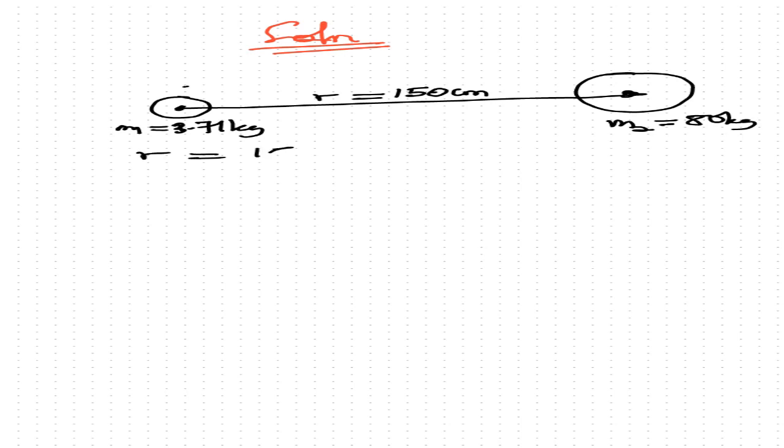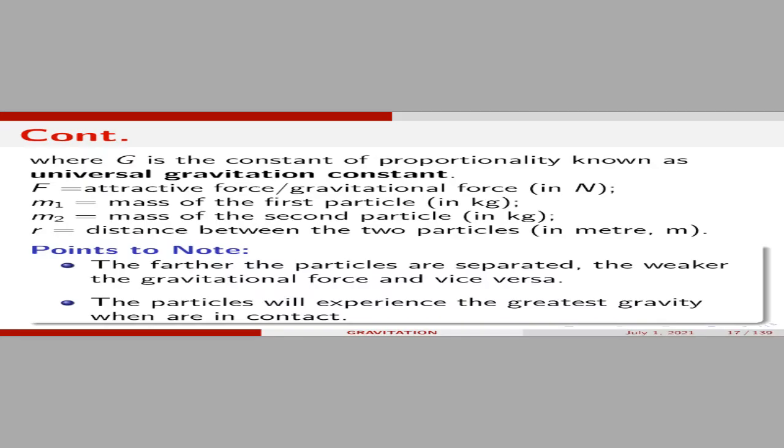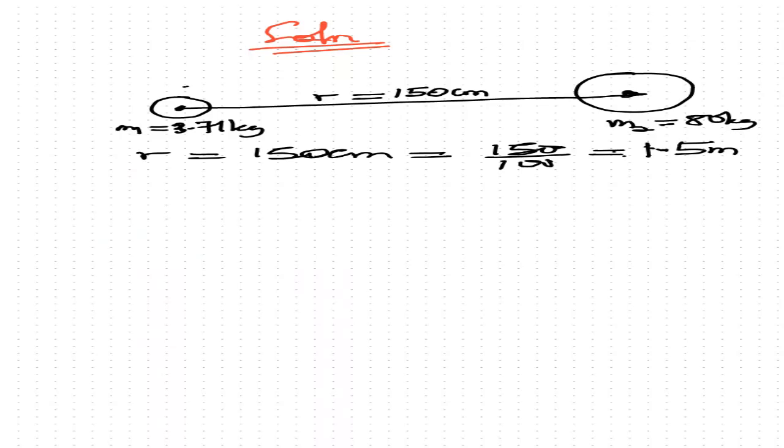So R is 150 cm, and this is equivalent to 1.5 meters. It has to be in its SI unit, as I stated in this very lesson. Your distance should be in meters. Okay, let's continue.